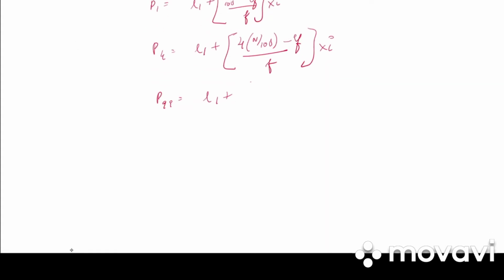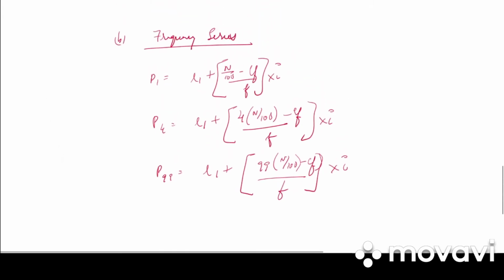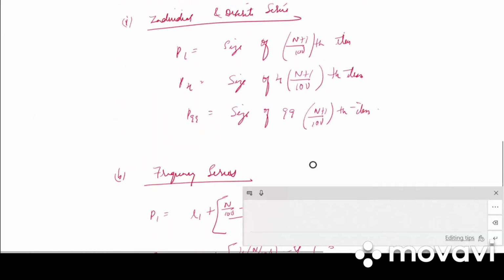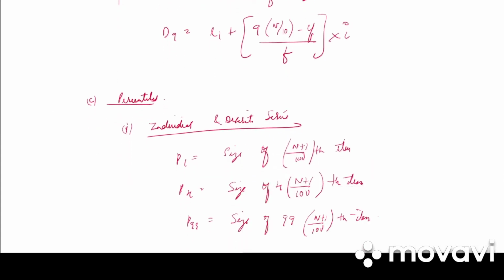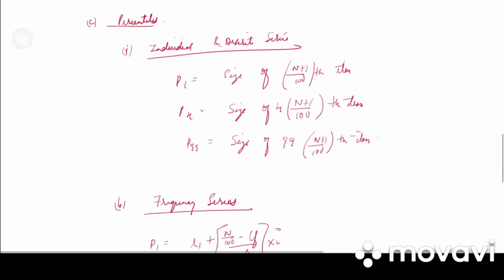P99 is equal to L1 plus (99 into n by 100 minus Cf) divided by f into i. Clear? So our partition values are divided into 3 parts, that is quartiles, deciles, percentiles. Quartiles are divided into 4, deciles 10 and percentiles 100.